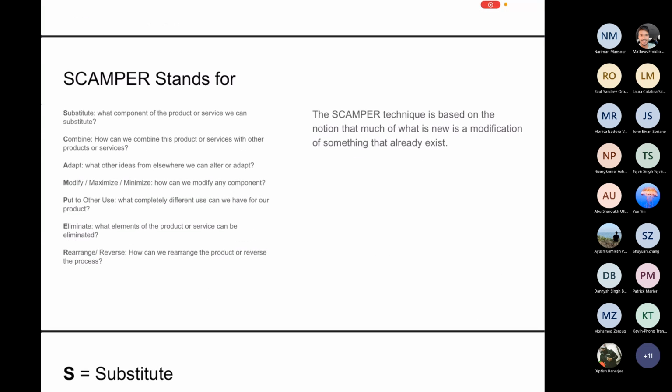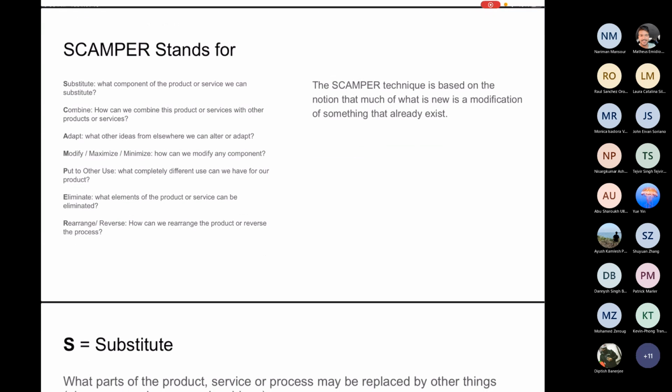Okay, so what does Scamper stand for? Every letter is an acronym for one thing, so we will go through each one of them in detail. The first one is Substitute. What part of the component can I replace? It has questions, and that's why when we think about it, it lets us think.